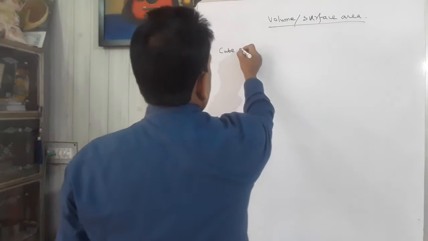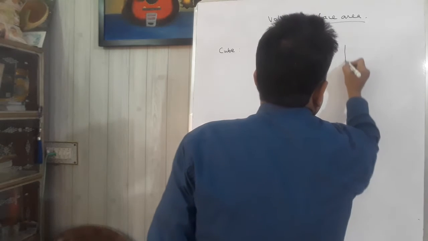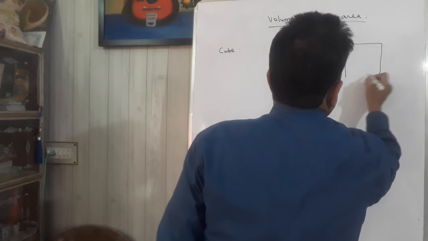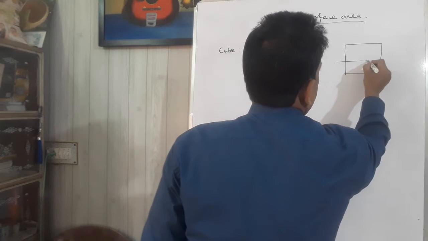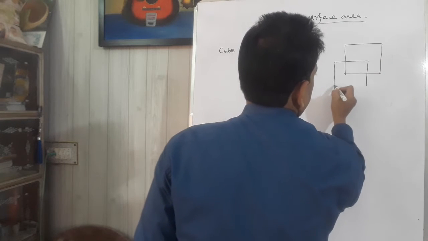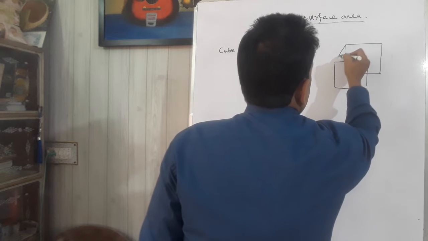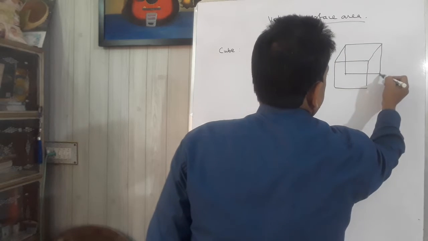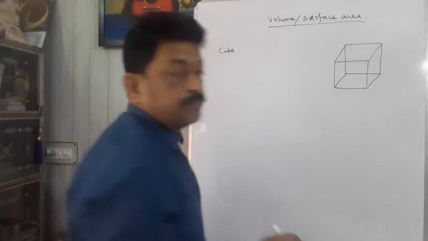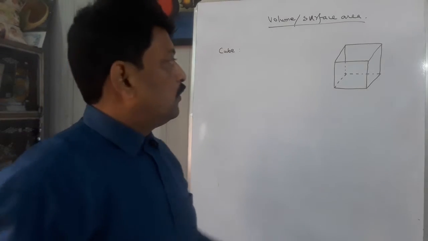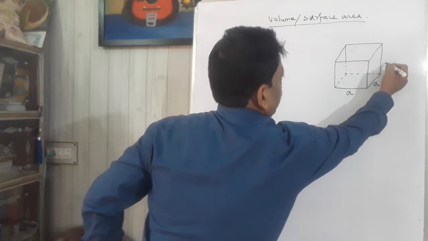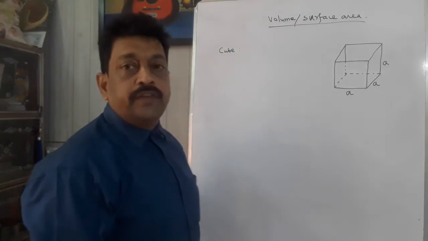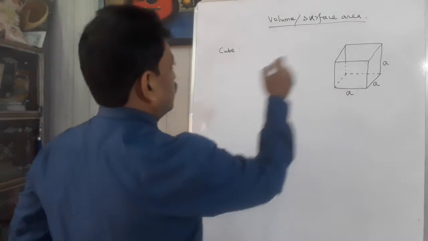Now in case of cube, as you know, it is a solid figure bounded by 6 faces, and all the faces are square. So this is a cube whose all the faces are square and the length of each edge is a.